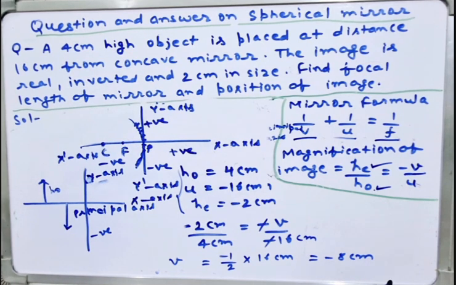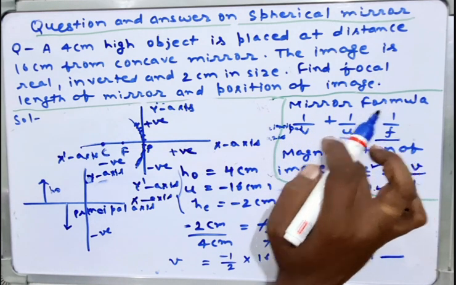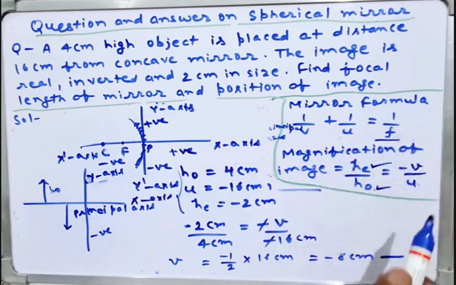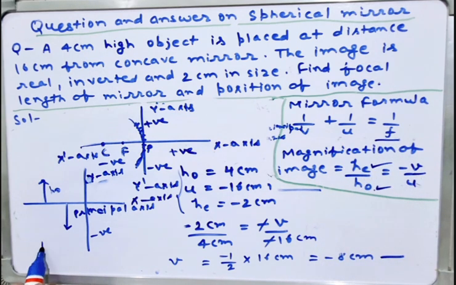Okay, so now you know u and you know v. So if you place these two values in the mirror formula, then you will get the value of f. So we put here: 1 by v equal to minus 8, plus 1 by u, the next value given here, minus 16, and this will come as 1 by f.